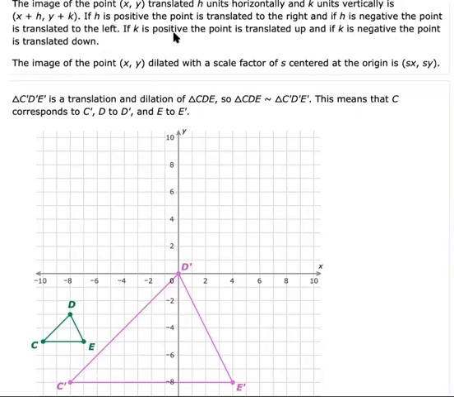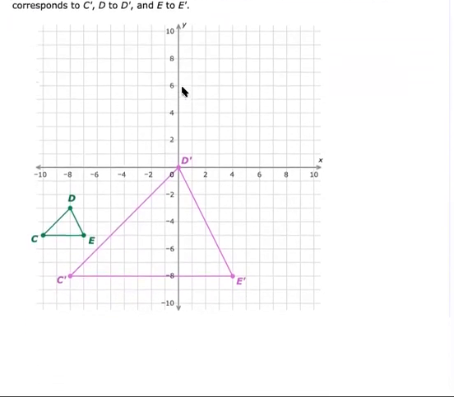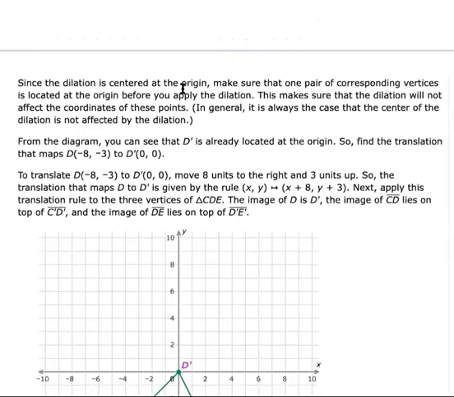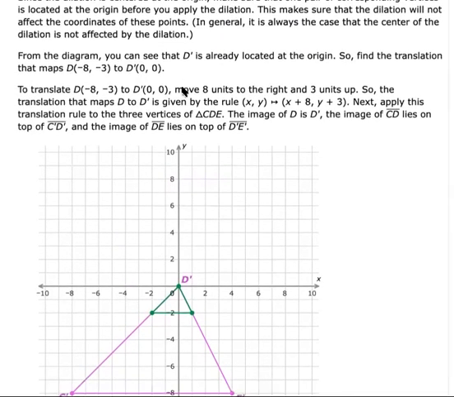If K is positive, the point is translated up, and if K is negative, the point is translated down. Since the dilation is centered at the origin, make sure that one pair of corresponding vertices is located at the origin before you apply the dilation.